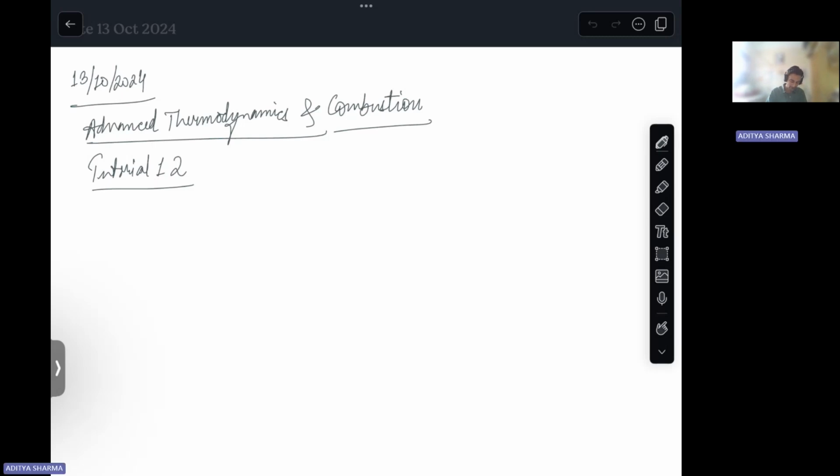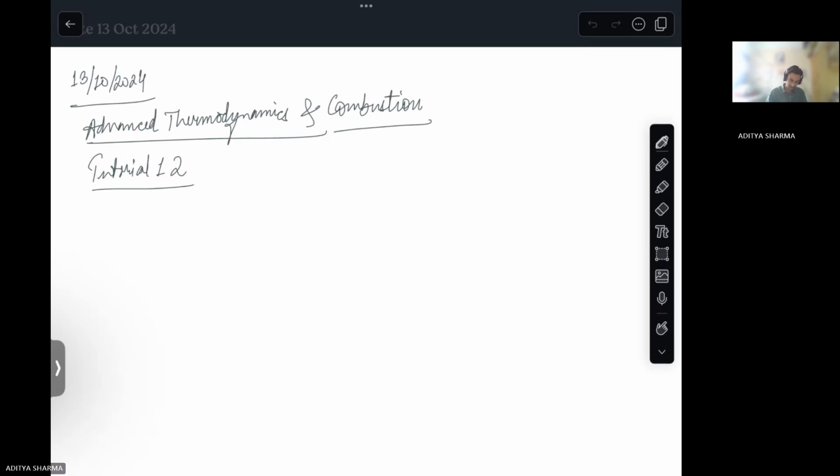Now what is d here? D is the diameter of the fuel droplet at some time t.